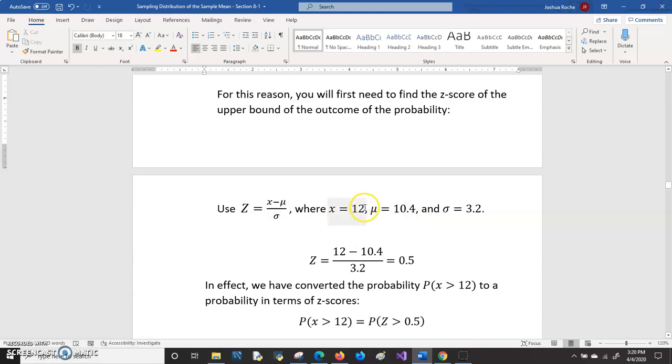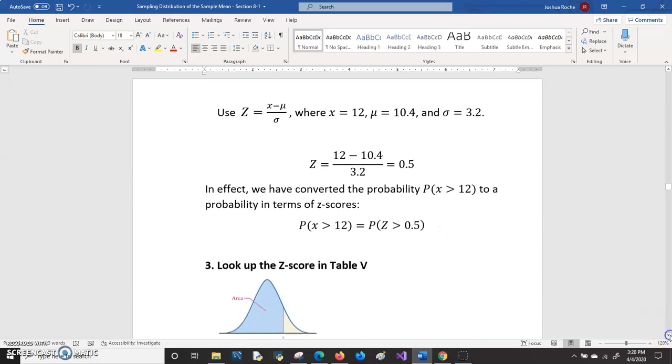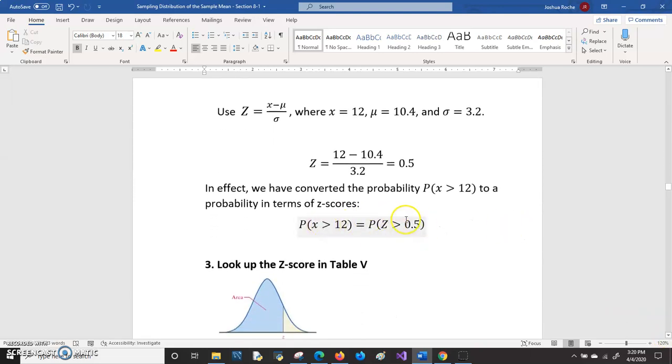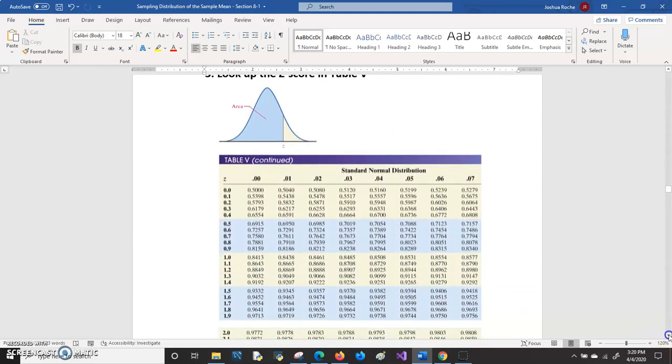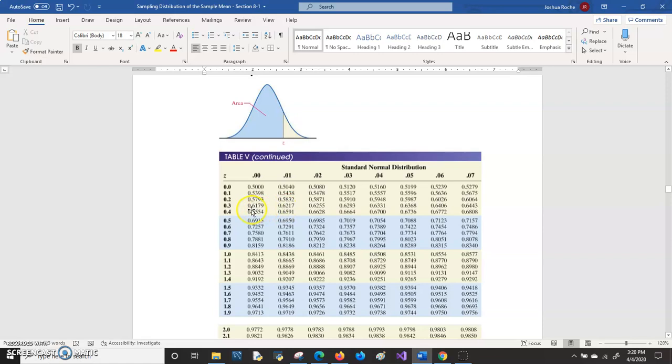Plug in 12, the mean, and the standard deviation, and you get a z-score of 0.5. So we've converted our probability from being in terms of x to being in terms of z. We'll go down to table 5, look up a z of 0.50, and it lines up at 0.6915.